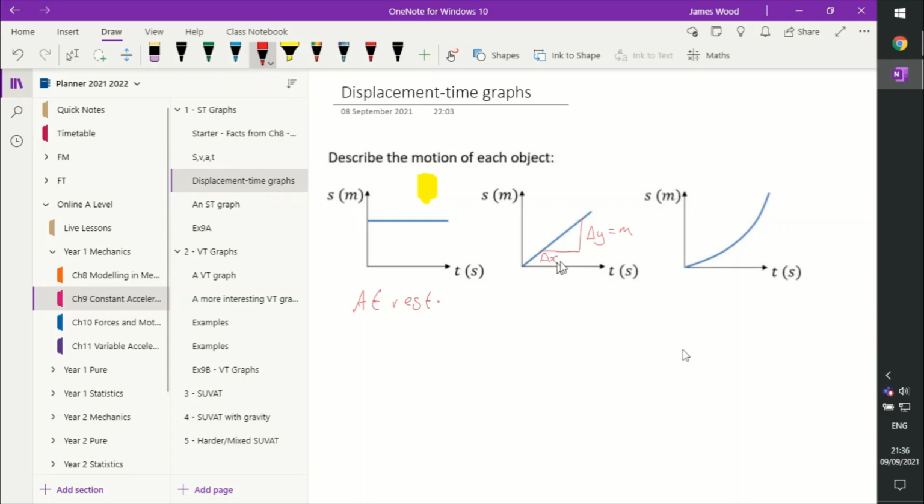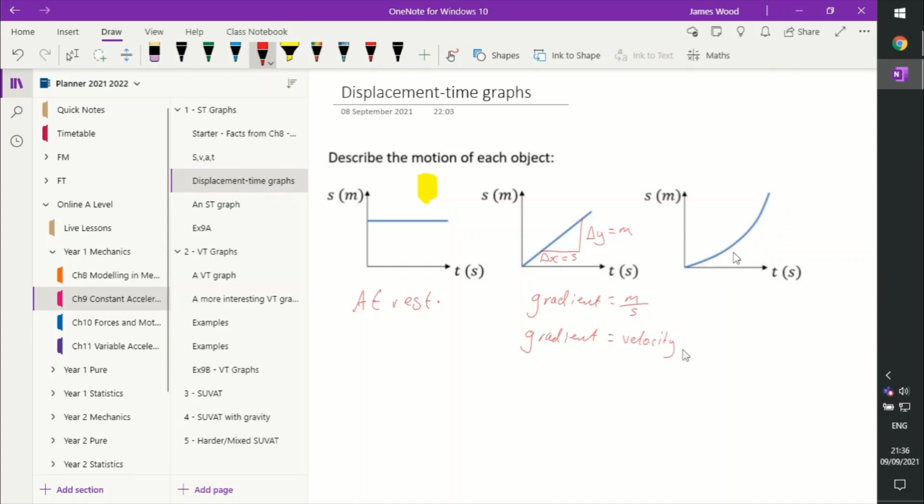The change in the x-axis is measured in seconds. So my units for the gradient are going to be meters per second. So we can tell that the gradient of an s-t graph, or a displacement time graph, is going to be the velocity. That's a really important fact. The gradient of a displacement time graph gives you velocity.